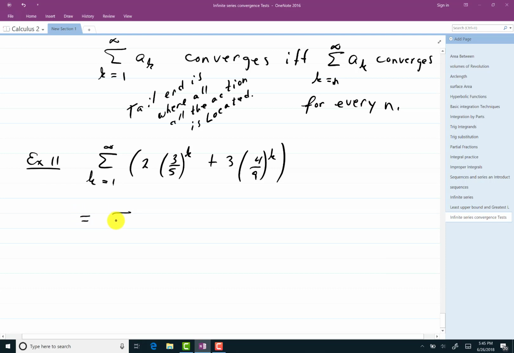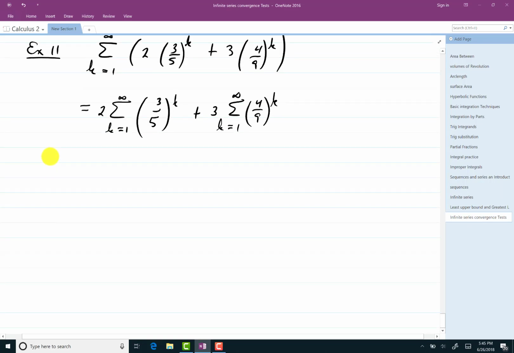I'll even just break it up all in one step. And then I can go ahead and get the formula for the sum. You're going to have 2 times the first block here.